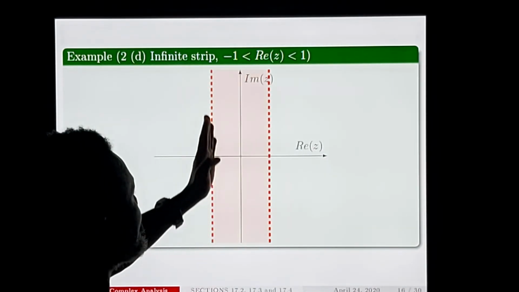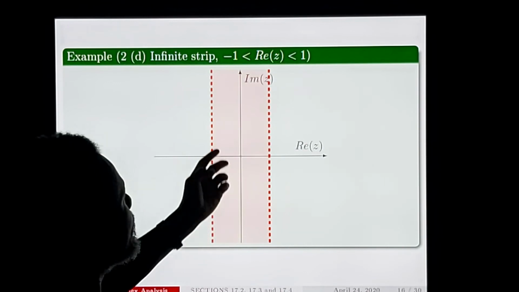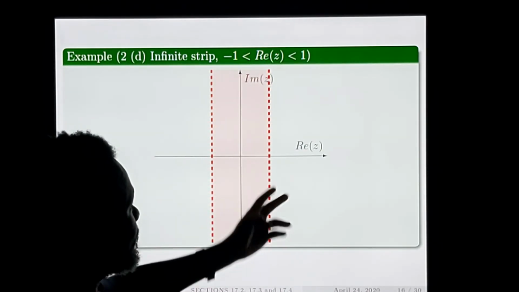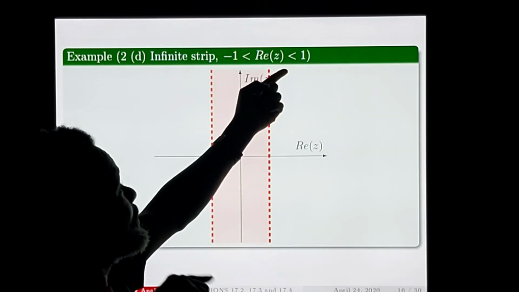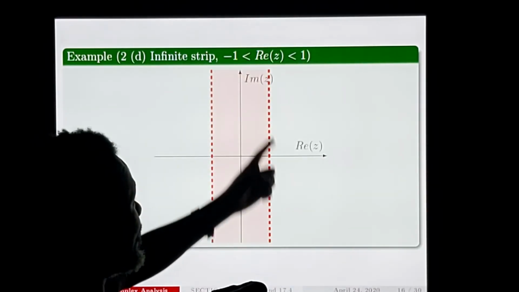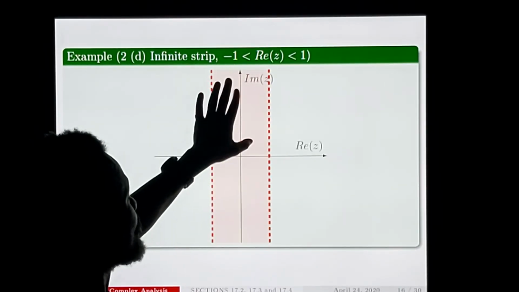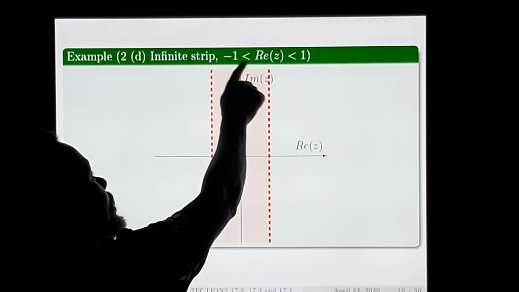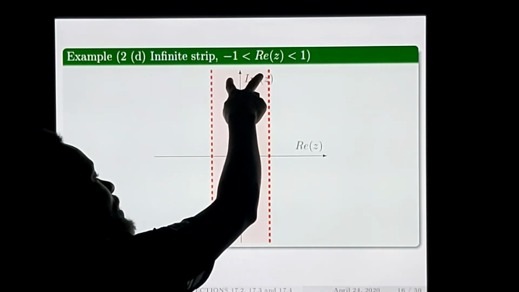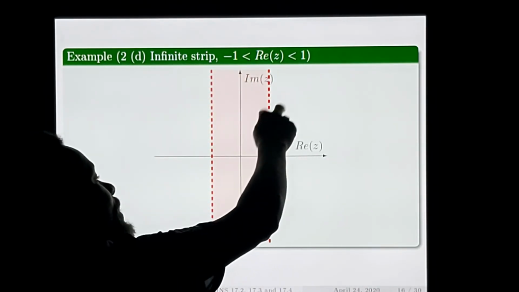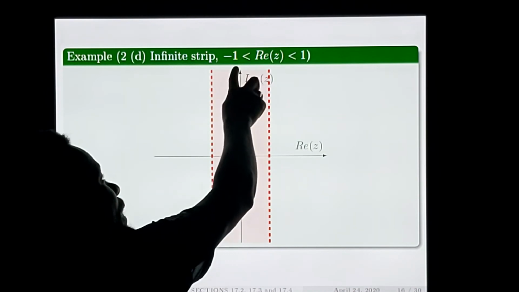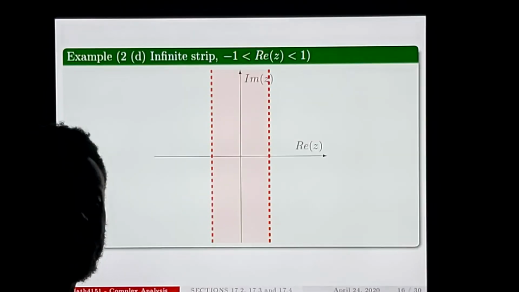So this line is x equals minus 1, this line is x equals 1, so x is less than 1, and x is greater than minus 1. So it's this strip, and we don't include the line itself. So this is the infinite strip for the real part of z lies between minus 1 and 1. That's what it means. I hope it makes sense again.